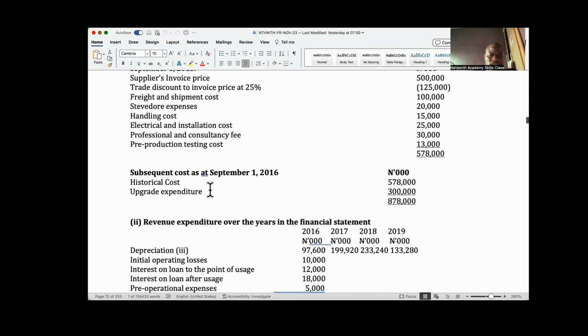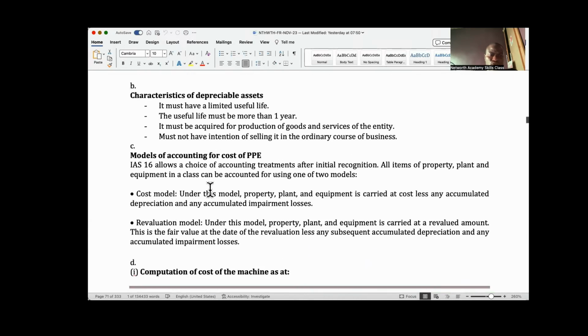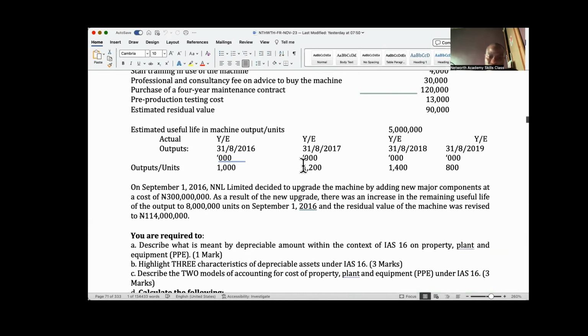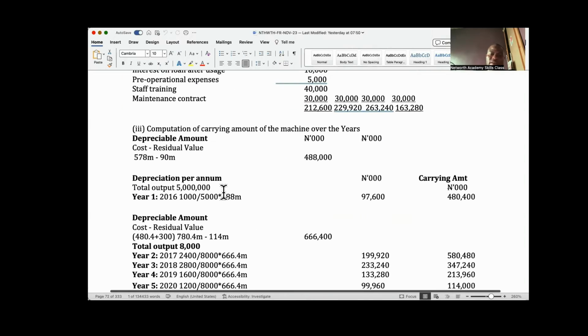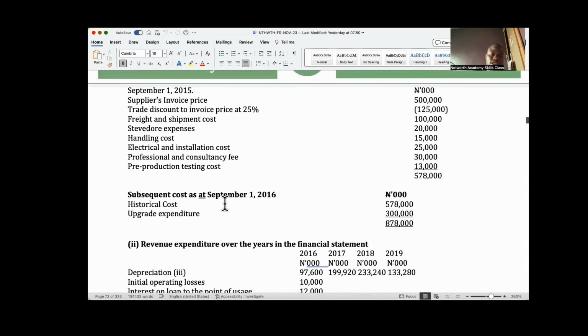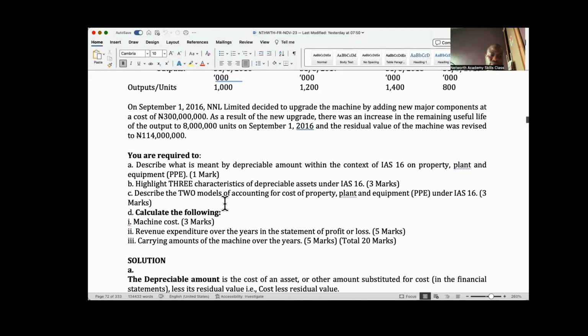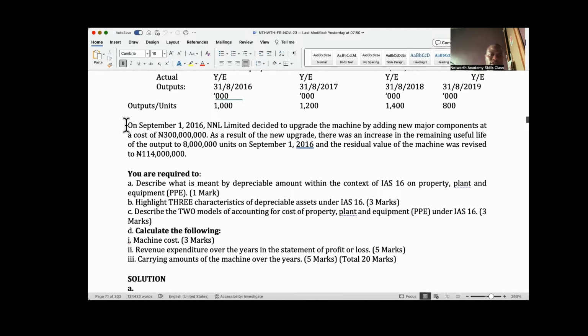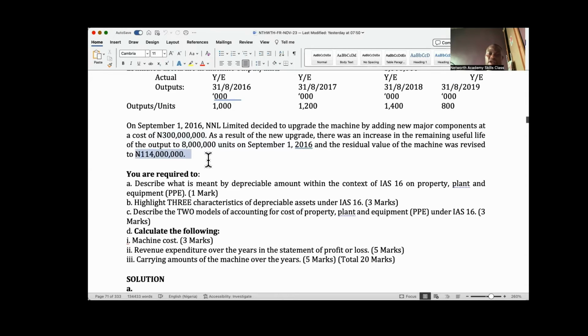In year two, ordinarily, depreciation for year two should just simply be 1,002 divided by 5,000 multiplied by 488,000. However, it won't be that smooth because something happened in year two. If you look at this question, from 1st of September 2016, there was an additional cost that resulted in increase in useful life, and that also resulted in changes in residual value.